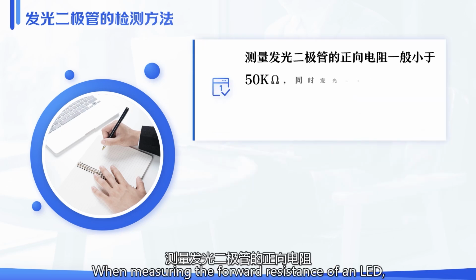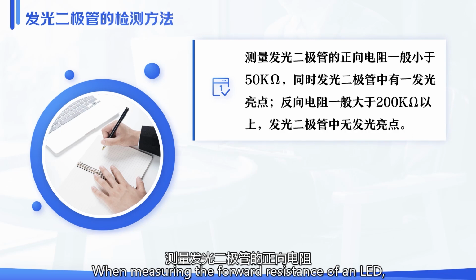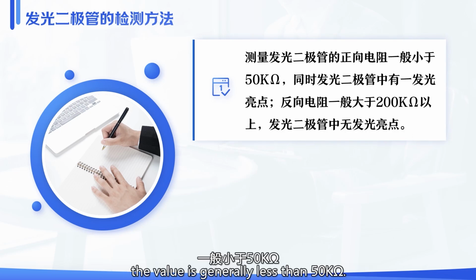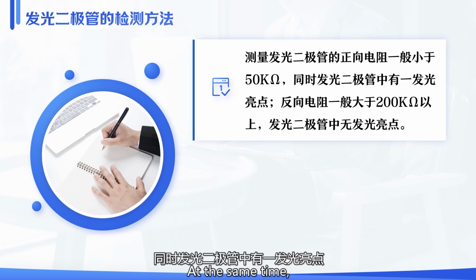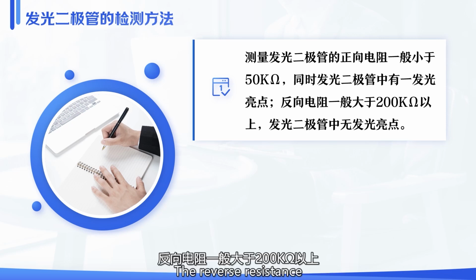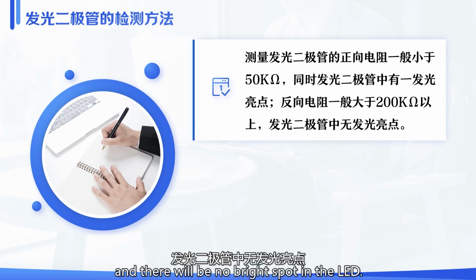When measuring the forward resistance of an LED, the value is generally less than 50 kilo ohm. At the same time, there will be a bright spot in the LED. The reverse resistance is generally greater than 200 kilo ohm, and there will be no bright spot in the LED.